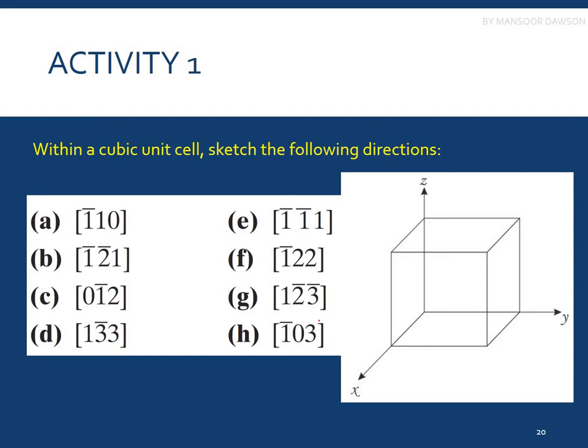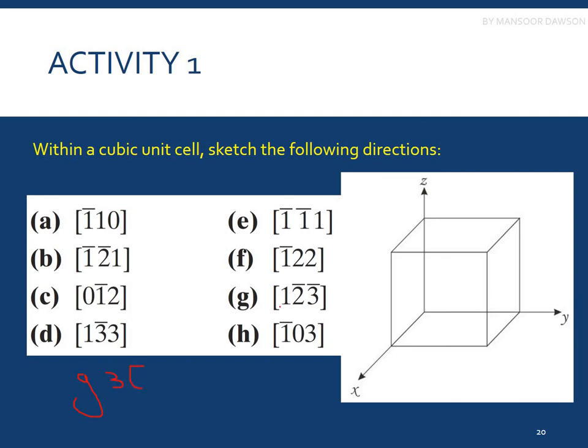Here we have an activity in which you have to draw a simple cube, and then sketch these directions for your practice. With this two, you just have to take 2 as common. But if you have this G, like in the G part, if you have 1, 2, 3, you'll be taking 3 as common.